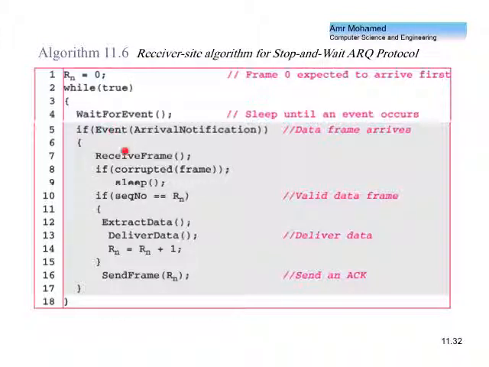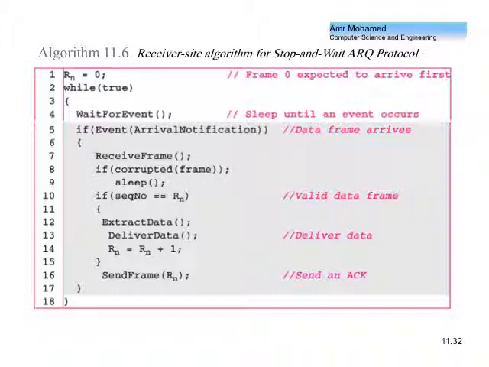So if data arrives, and then I check, and the data is corrupted, then I go to sleep. Which means get out of this and wait for another event. Go to sleep until another event happens. Because this data has arrived corrupted, it's as if it did not arrive. I don't have to do anything.